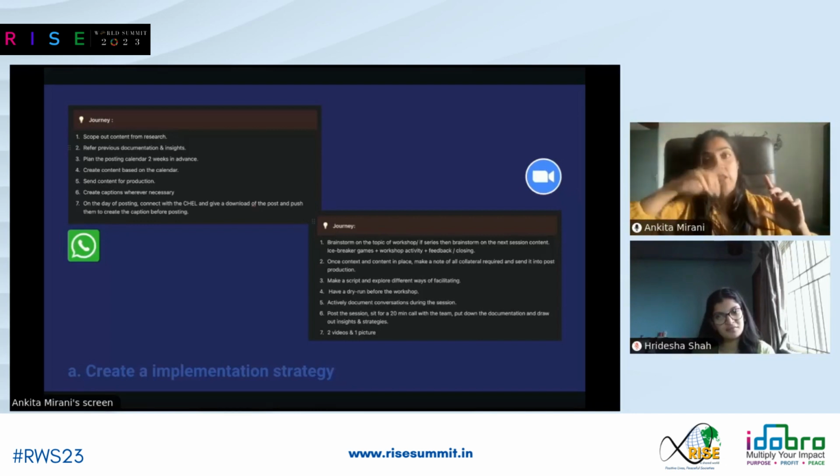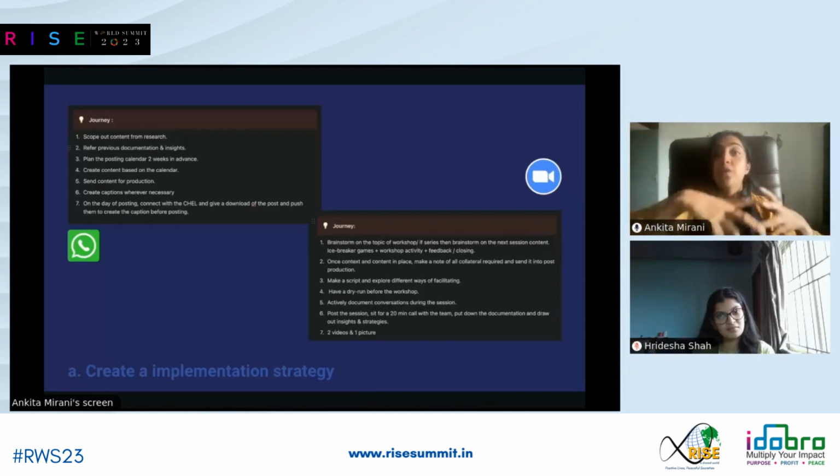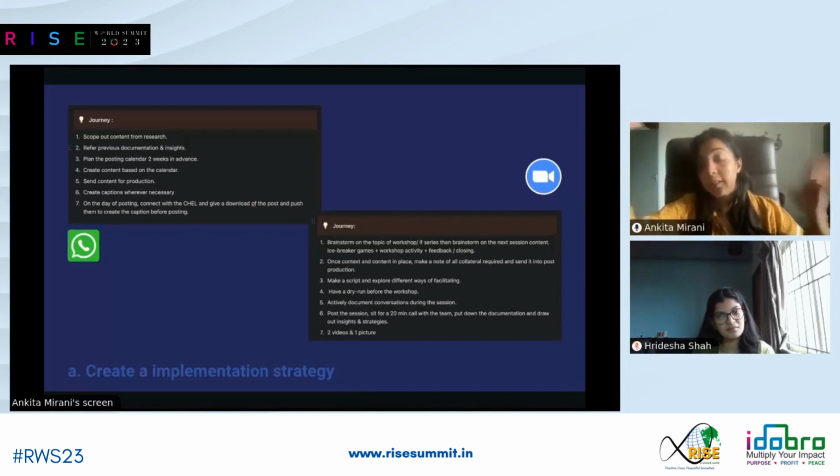Secondly, because there's monitoring and evaluation, you would need to revisit your documentation and insight. Next, you would want to create a calendar. Next, you would want to refine the final content and add in the final content. And then you'd want to send it for design production. And then, of course, the implementation bit comes in.